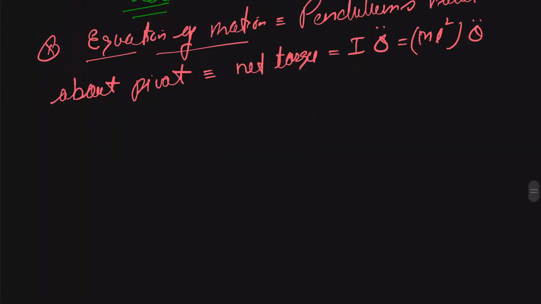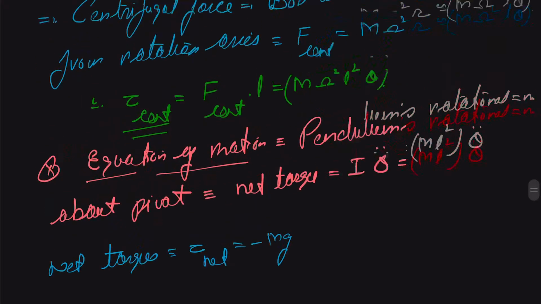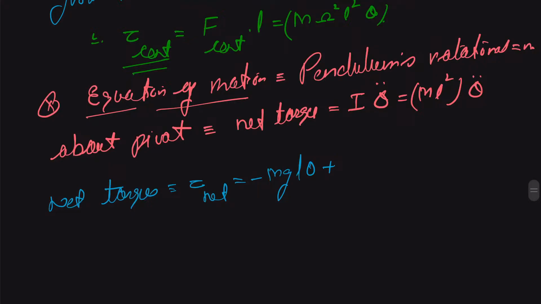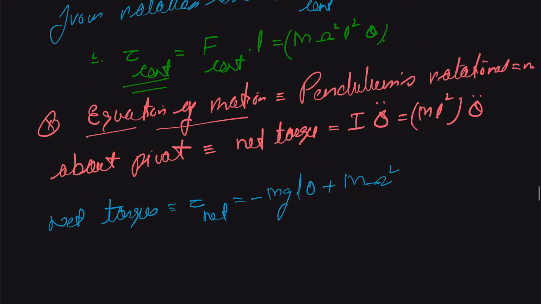Therefore, the net torque, tau net, will be equal to minus mgL theta plus m omega square L square theta.